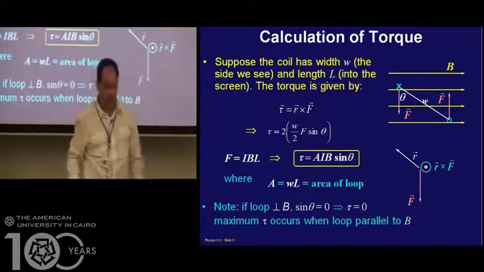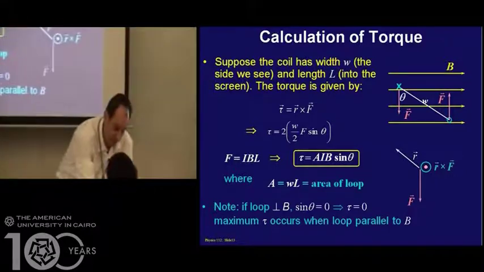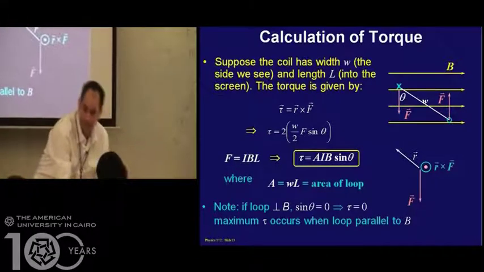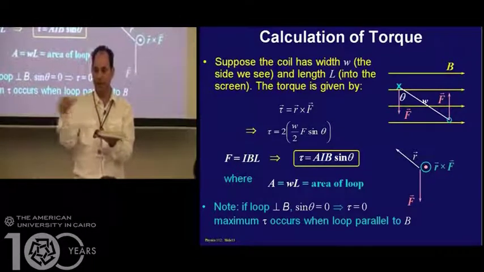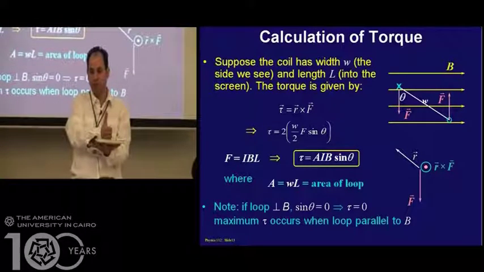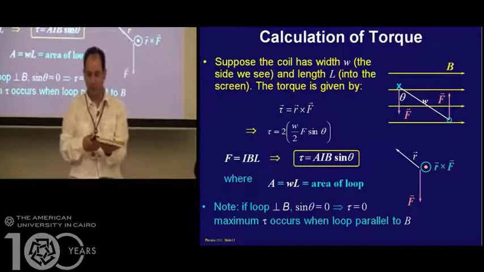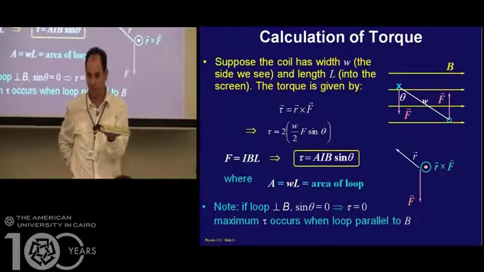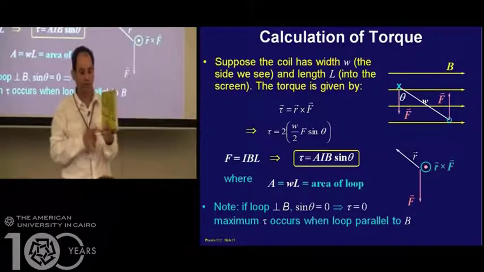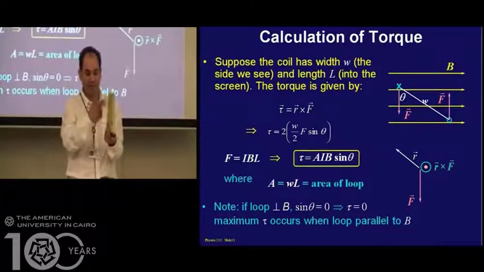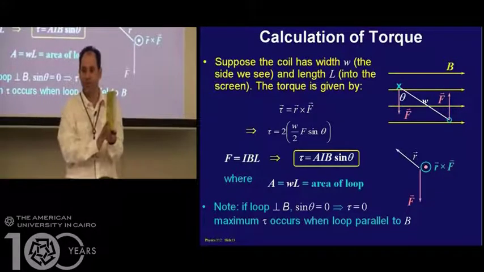So now let's assume this is the magnetic field, and this is the loop. Now the magnetic field is perpendicular to the loop, so the angle between them is 90. What's sine 90?